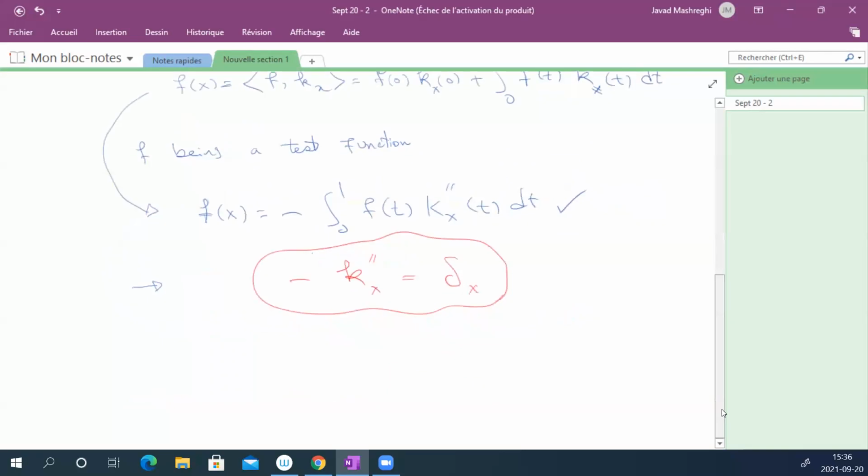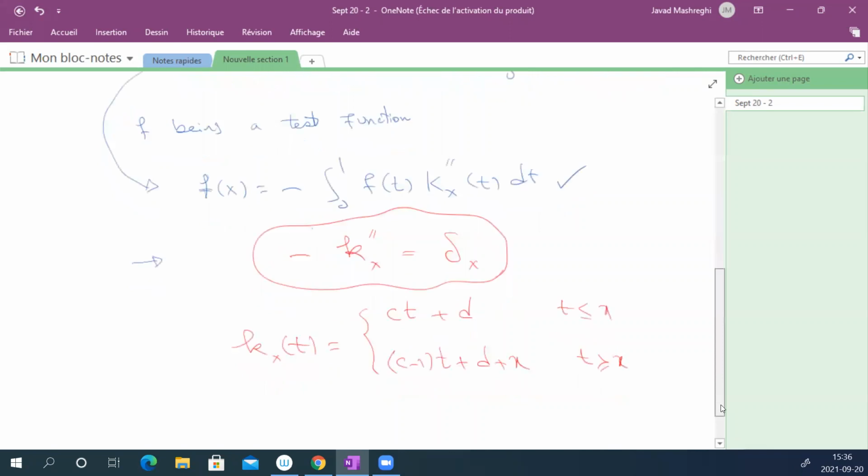And for this, we obtained the general solution k_x of t. I repeat, if I'm not mistaken, it was ct plus d, and here (c minus 1)t plus d plus x. Yes, it is correct. Yes, it was this.